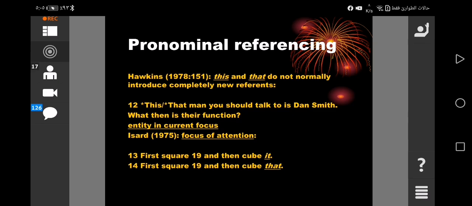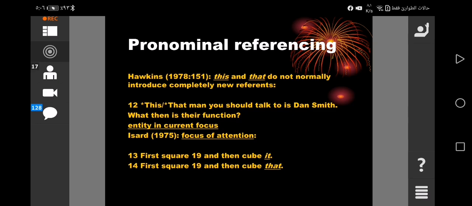And what would be the result? Yes, 361. So first square 19 and then cube that, which means cube 361.